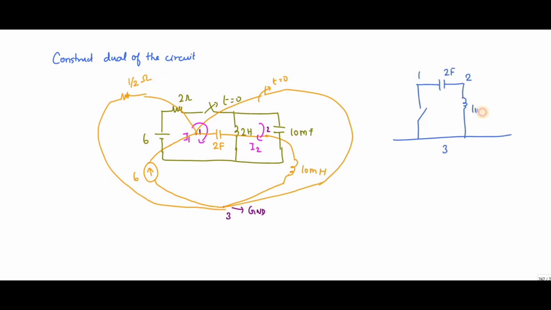From 1 to 3 you have a switch, that is t equal to t. Next, from 1 to 3 I have one resistance, that is 1.5 ohm. And from 1 to 3 I have a current source, that is 6 amps. So this is how you have to draw the circuit.